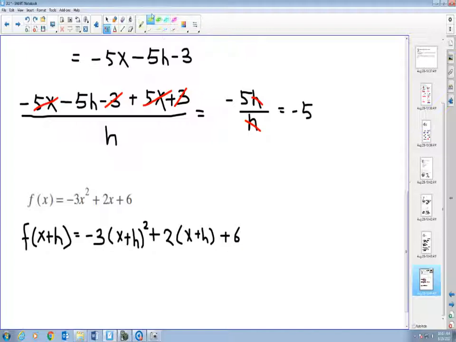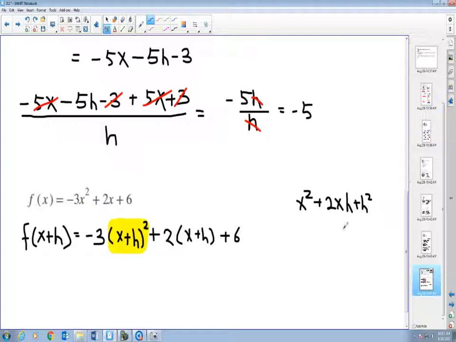Again, the perfect square binomial right here will give me x squared plus 2xh plus h squared.